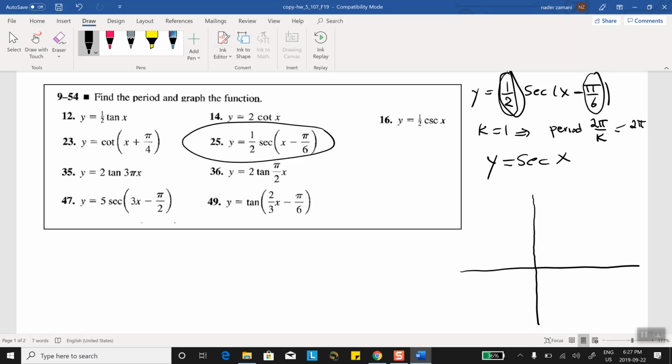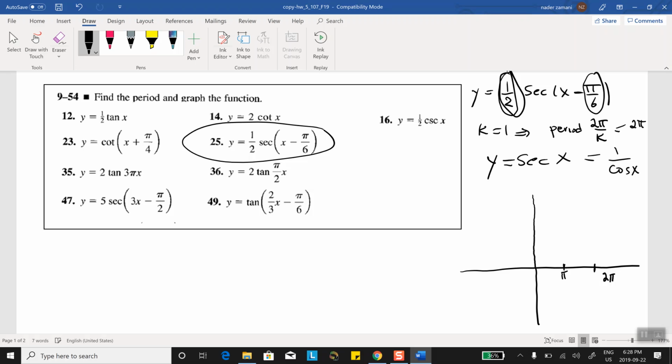Okay, secant, if you look at it, was plotted between 0 and 2 pi. Let me make this 2 pi. And remember, secant was 1 over cosine. So the trouble points for secant are places where cosine is 0.